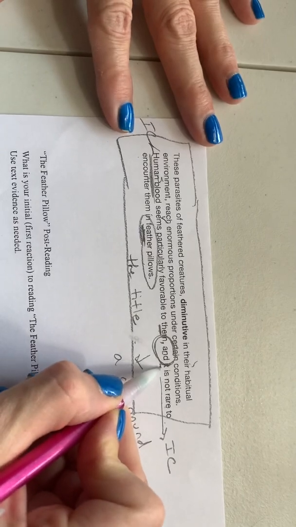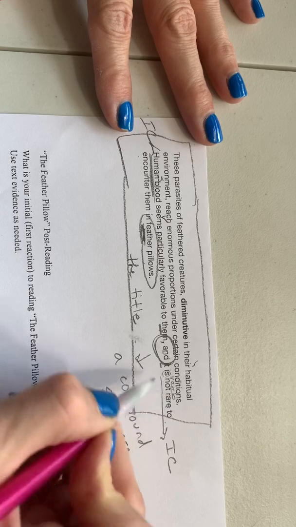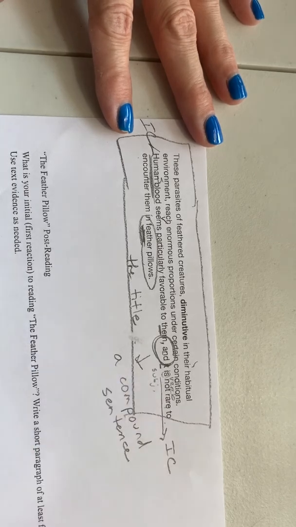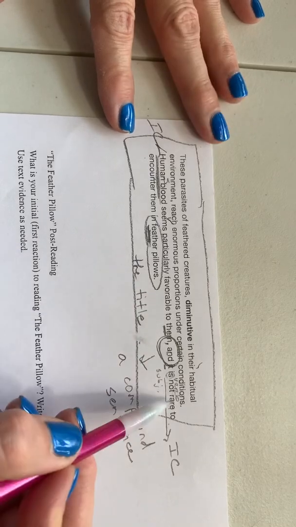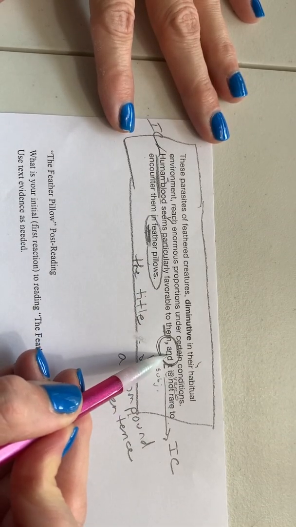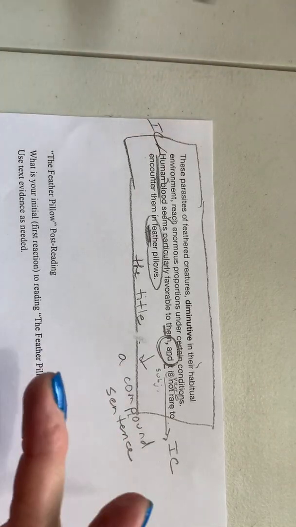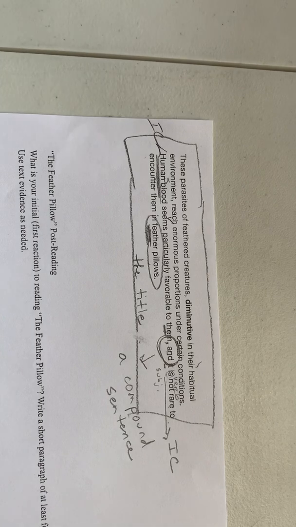Here's our subject, which is a pronoun, it, and is always a verb. Okay? And again, I want to reference to you how that independent clause is being joined. The comma is in front of the conjunction because there are two sentences on both sides of that compound sentence.